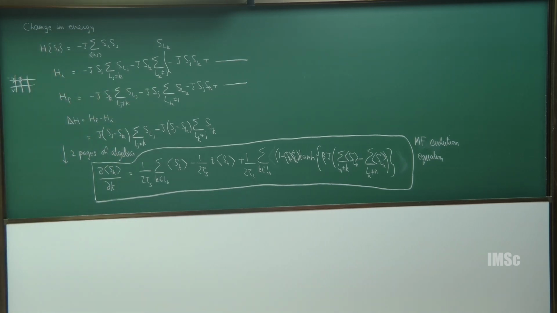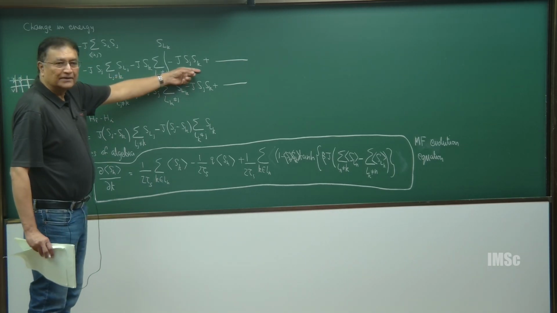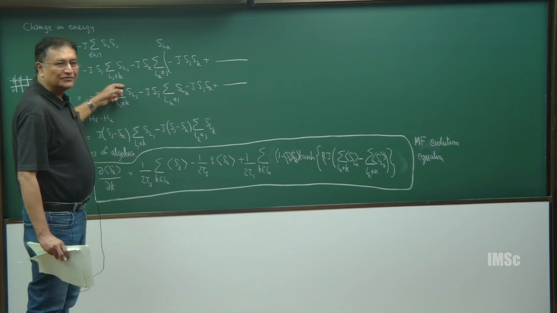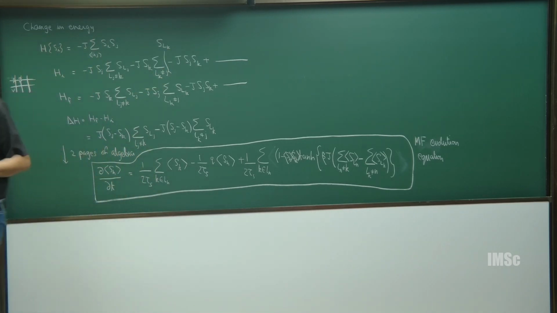Sorry, I plotted this here. I'm just isolating the terms which are with nearest neighbors, which is why I left out this coupling between Sj and Sk. If I had put it into the summation, I would have had a double counting. Then I would have had to put a plus sign out there. That's why I left it out deliberately.